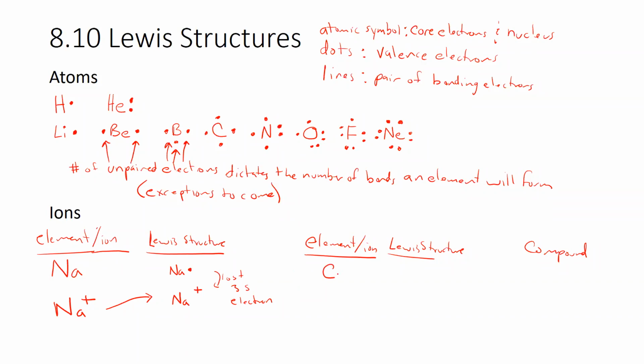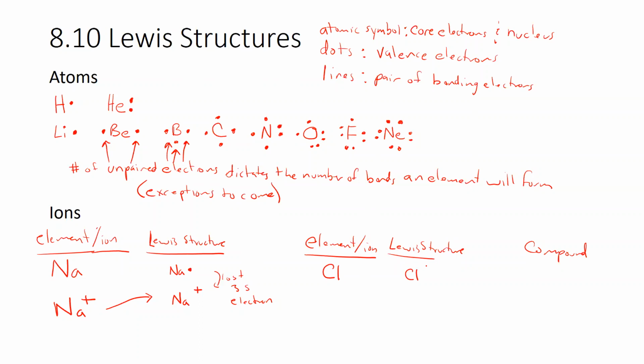Our example of an anion will be chlorine. It'll have a Lewis structure, Cl, and its electron configuration is 1s2, 2s2, 2p6, 3s2, 3p5. So you look at the 2 3s electrons and the 5 3p electrons for a total of 7 valence electrons.